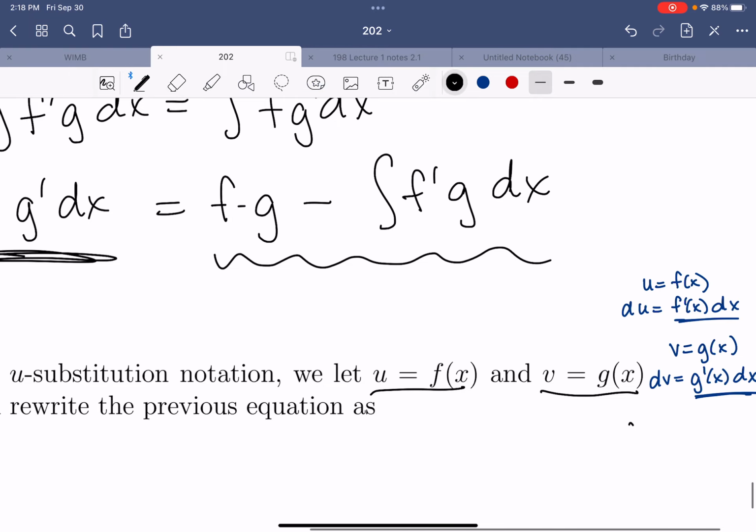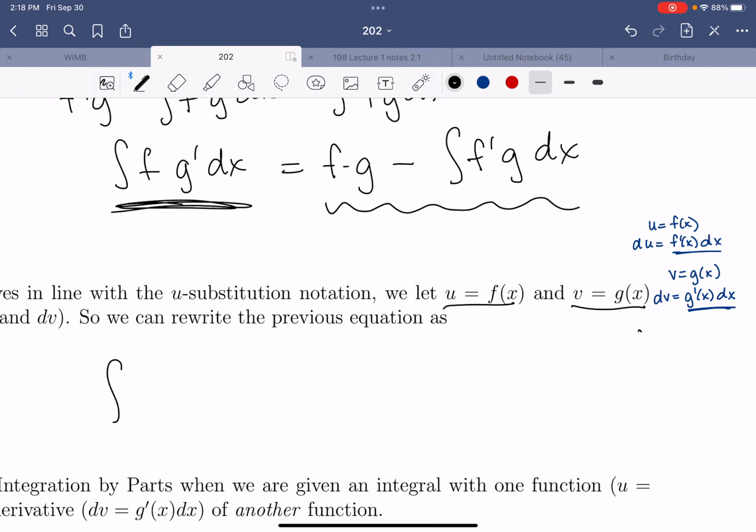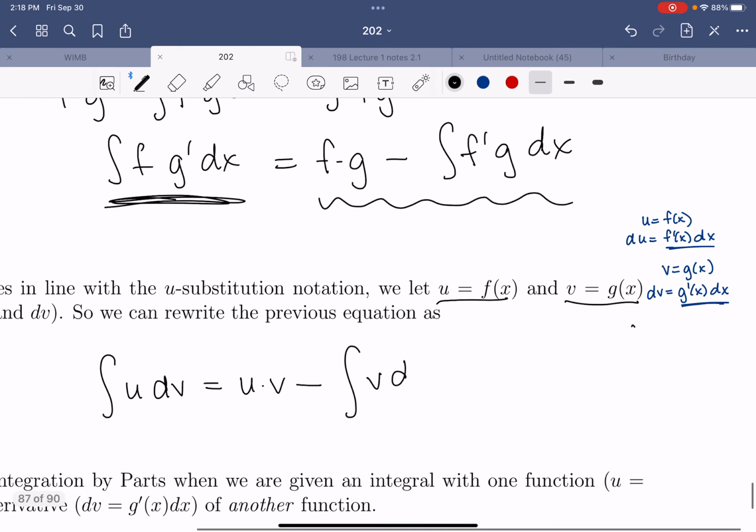So if I use that to make the substitution here, then this becomes the integral of u, because f is u, and g prime dx is just our dv, is equal to f and g are just u and v, so this is u times v, minus the integral of g, which is v, and f prime dx is our du.